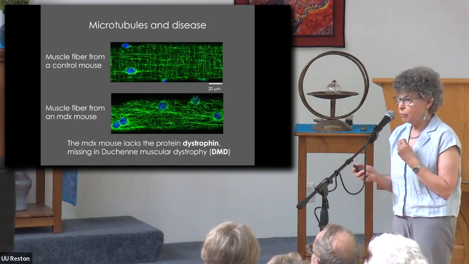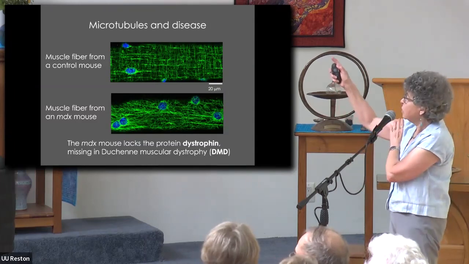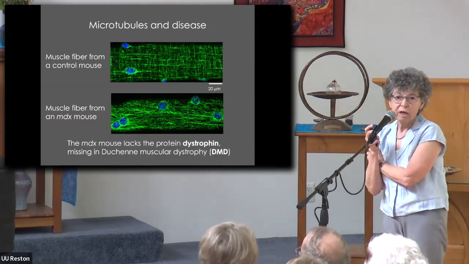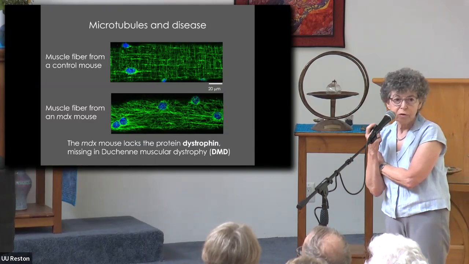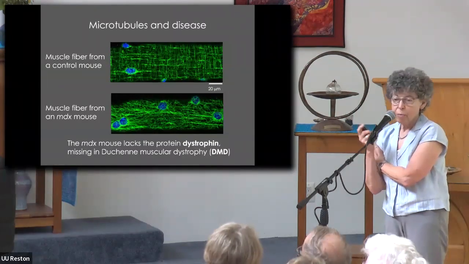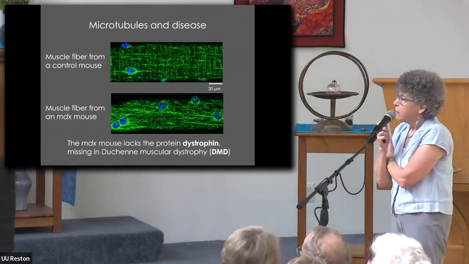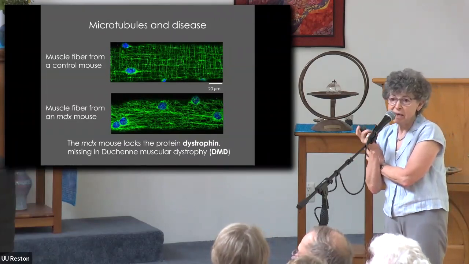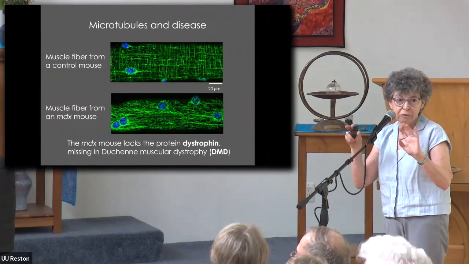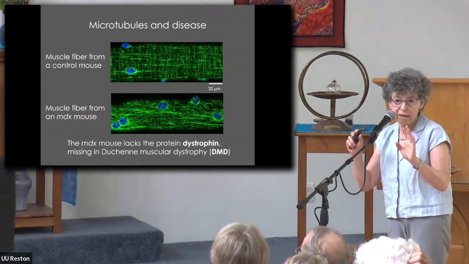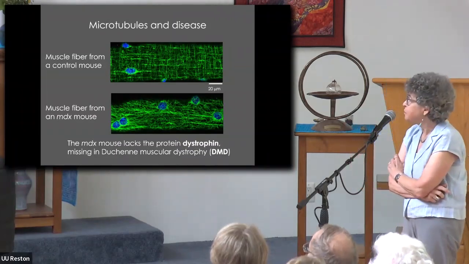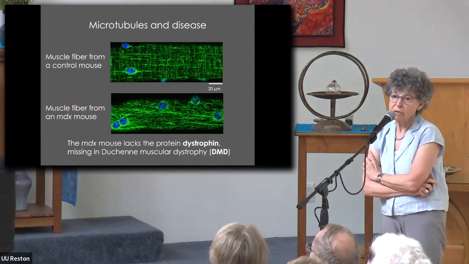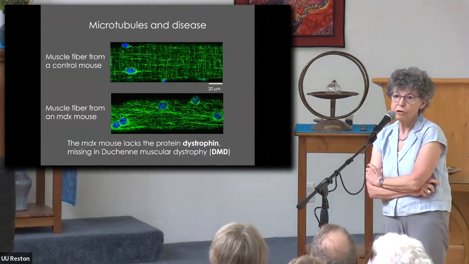There are animal models. There's a mouse model for the disease. And what you see here is the upper image is from a normal control mouse. But the lower one is a muscle fiber from a mouse called MDX. Nothing to do with the Acura MDX. I don't know why they use that. But MDX is just a mouse model for Duchenne muscular dystrophy.